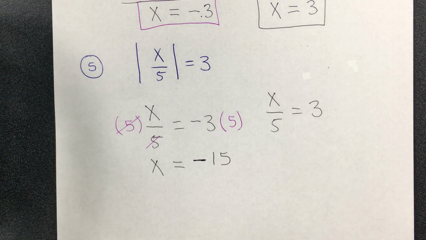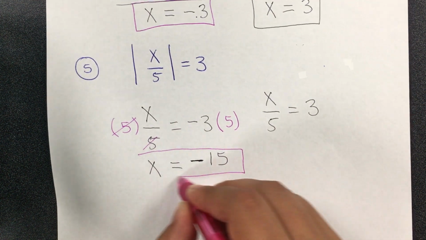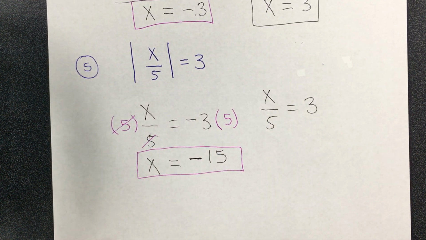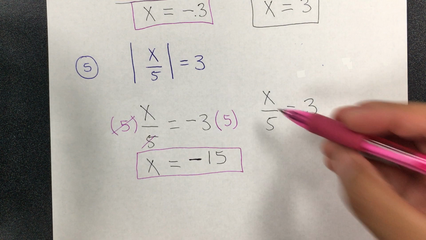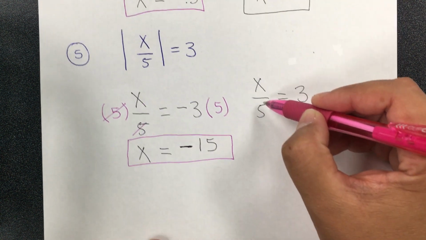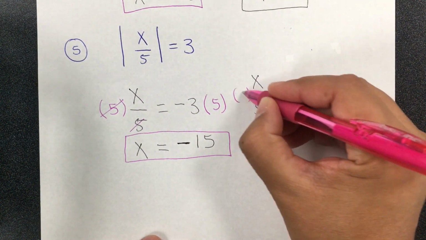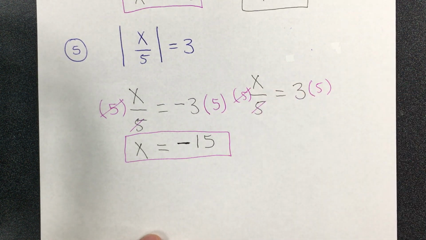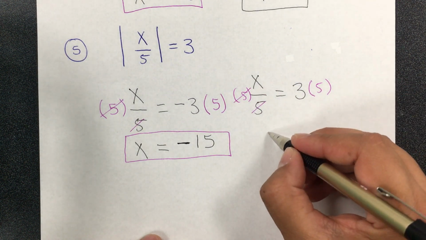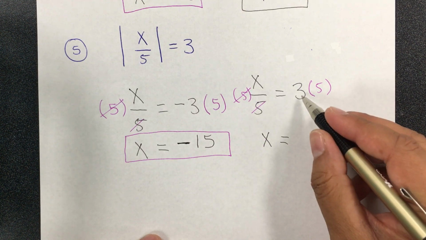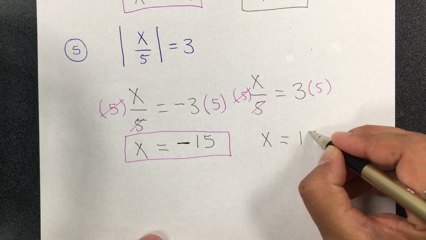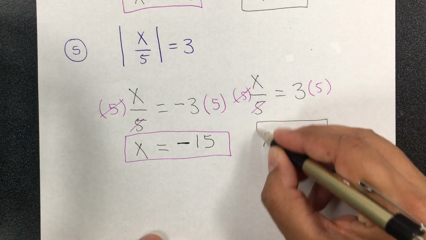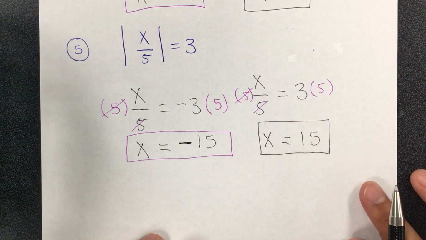So that's my first answer. We do the same thing here. If we're dividing, the opposite is to multiply by 5. This cancels, and x is equal to 3 times 5, which is 15. So these are my two possible answers.